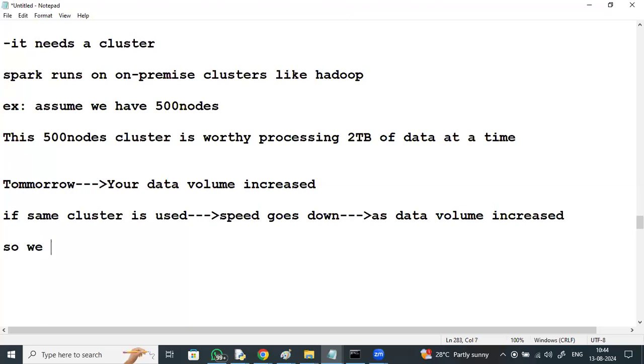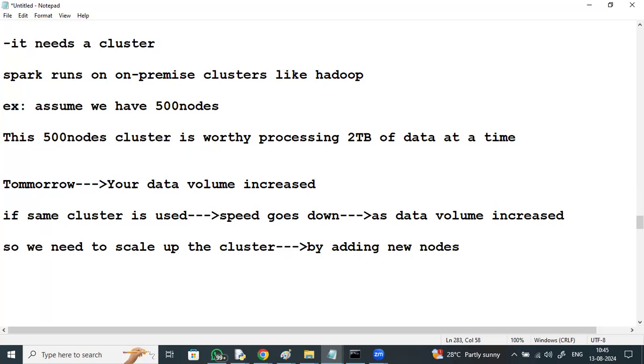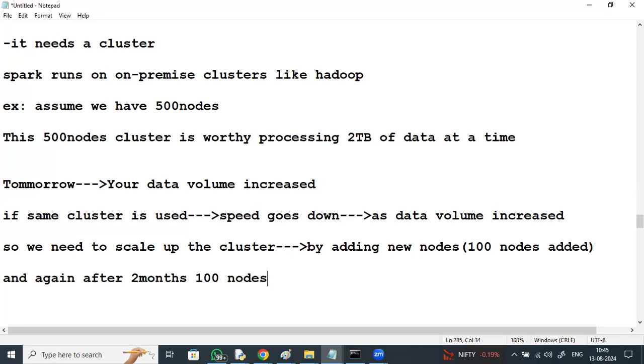So what will we do? We need to scale up the cluster by adding new nodes, new CPUs, right? Assume 100 nodes added. And again, after 2 months, 100 nodes added.